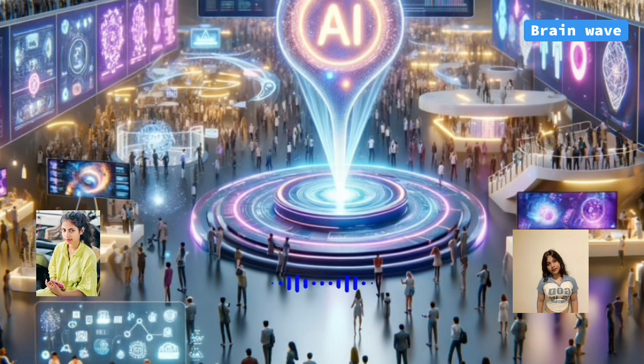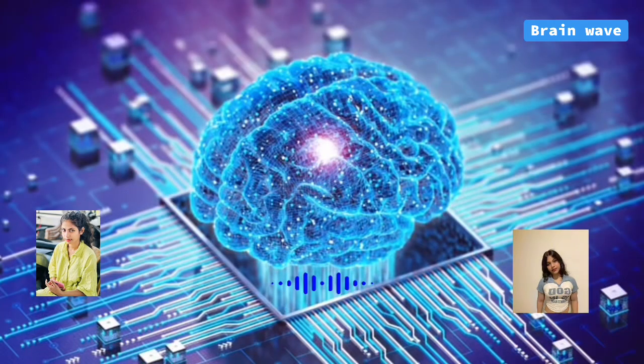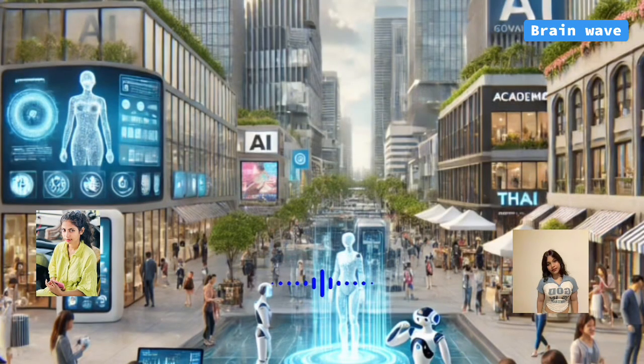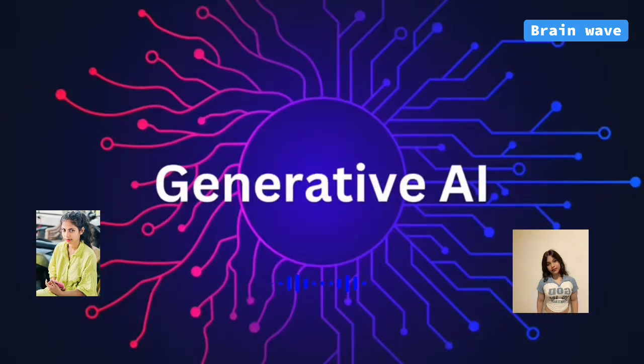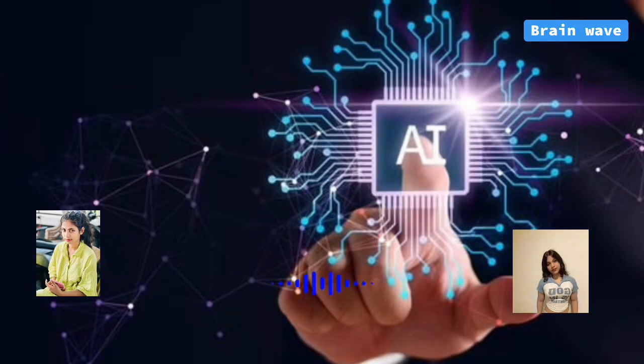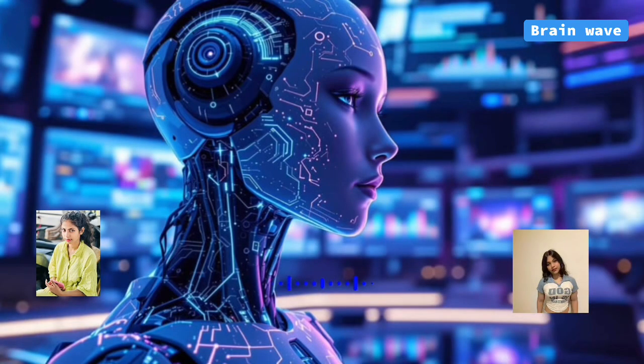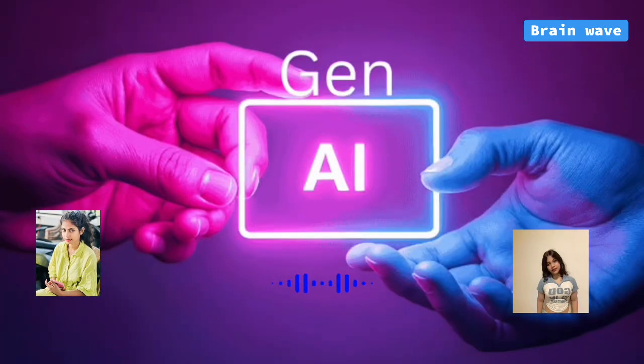It feels magical, but it's really math and probability. Some people worry AI might think like humans, but that's not true. It predicts patterns, it doesn't have consciousness or feelings. Exactly. It's like a really talented mimic that never gets tired, never forgets, and never complains.